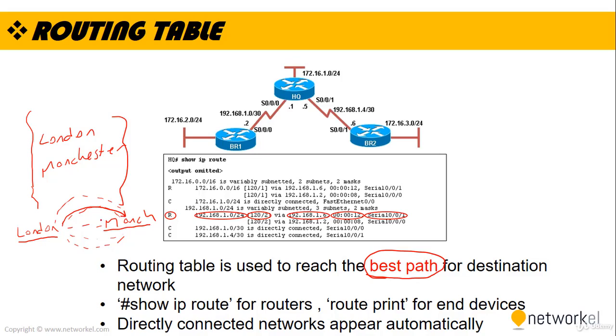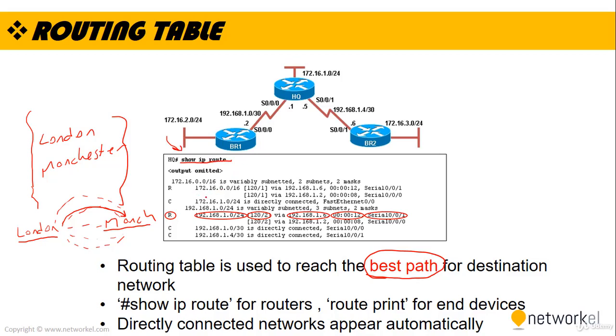So, a routing table is something like that too. In the routing table, you will always have the best path for a particular destination. Here, we are seeing an example of a routing table, and we need to type show ip route to display the routing table.